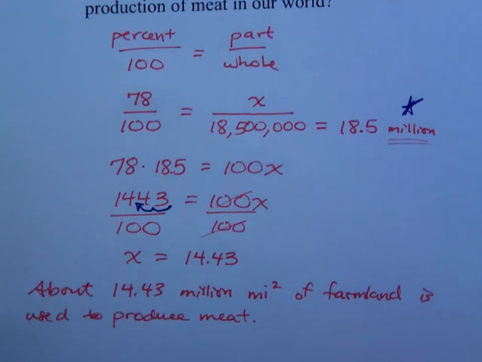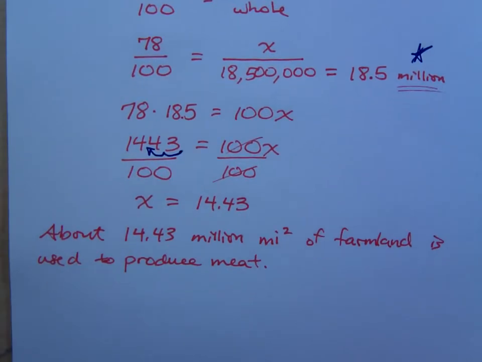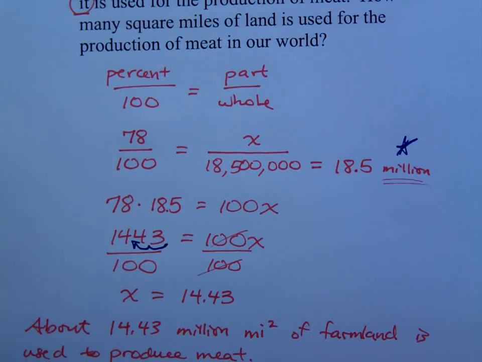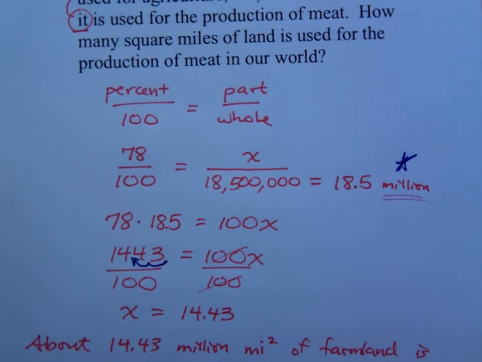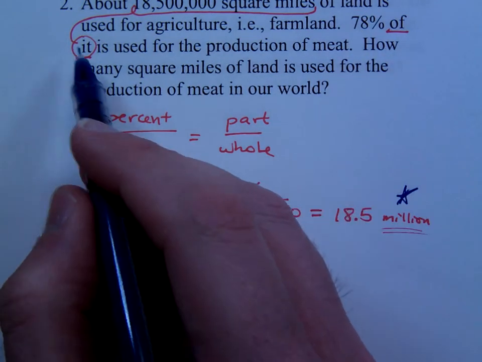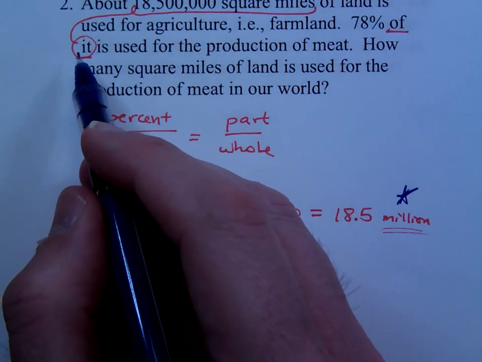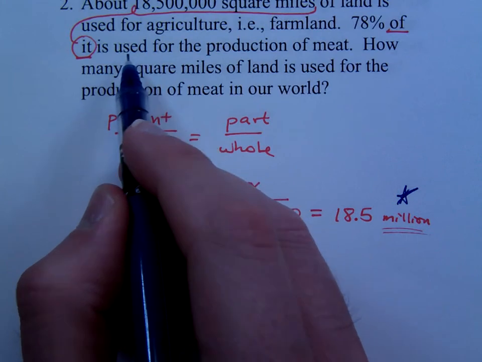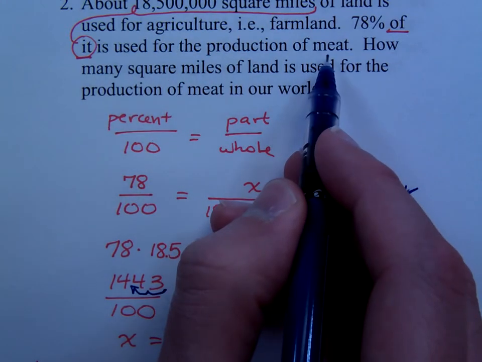Now, I want us to look at this in a slightly different way. Instead of using the percent proportion, I want you to see how the words kind of tell you how you can set up the percent equation. So let me slow this back down just real quick. If you look at the words, it says 78% of it, we've already talked about what it is, used, so it's like this is your equal sign, for the production of meat.